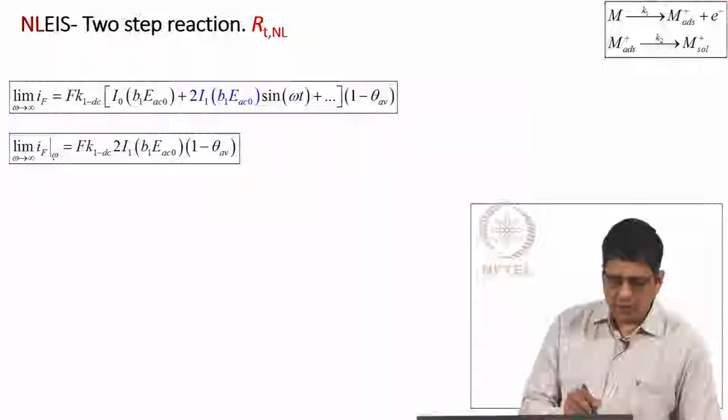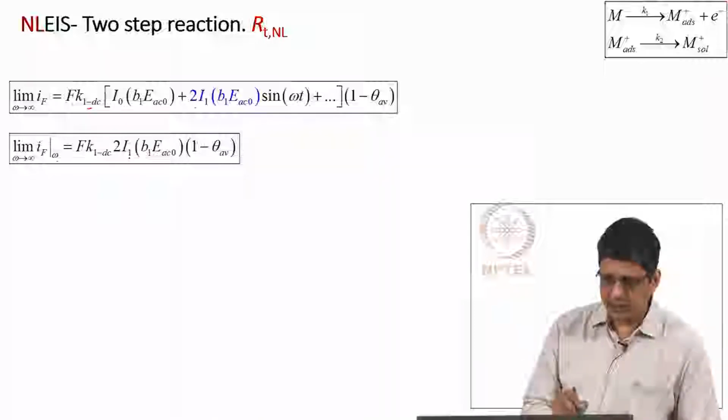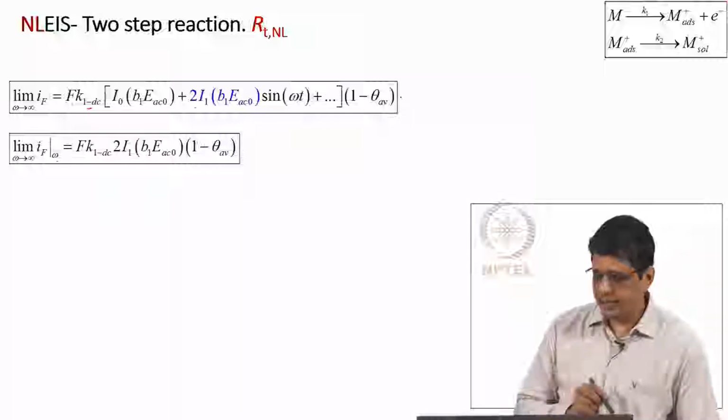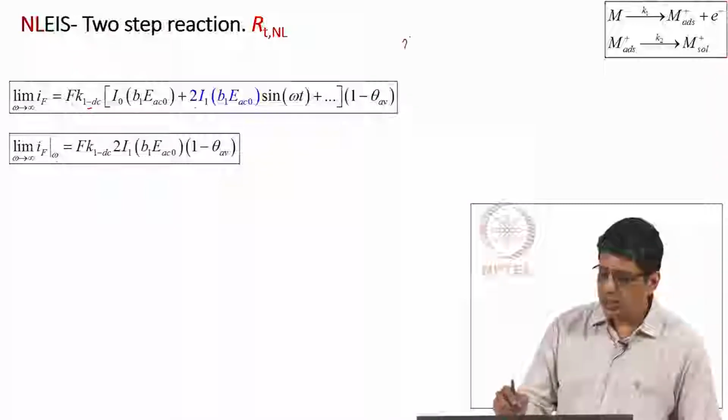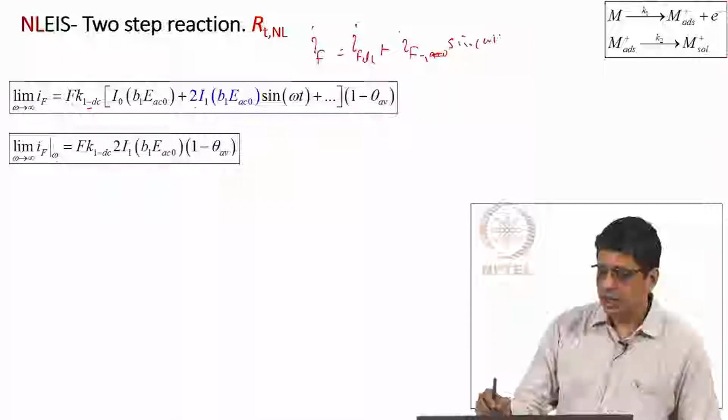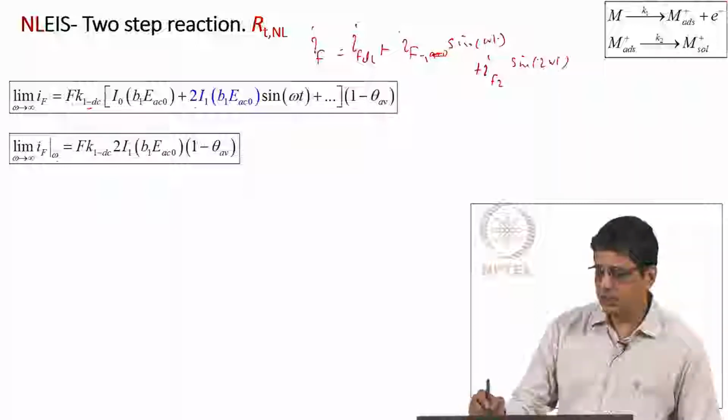The IF coefficient corresponding to omega is given by F k1 DC multiplied by 2 I1, modified Bessel function of the first order, B1 EAC 0, and then multiplied by 1 minus theta average. This is going to be the IF AC 0. If I write IF as IF DC plus IF AC 0 or IF1 sin omega t plus IF2 sin 2 omega t, sin or cosine does not matter, plus phi 1, phi 2, etc.